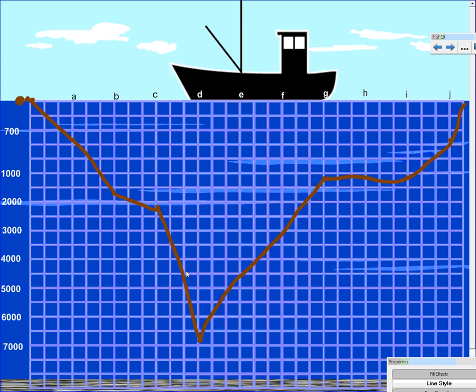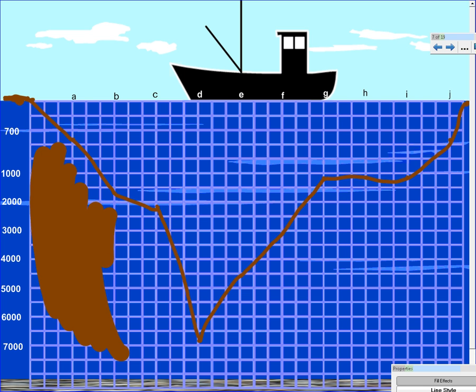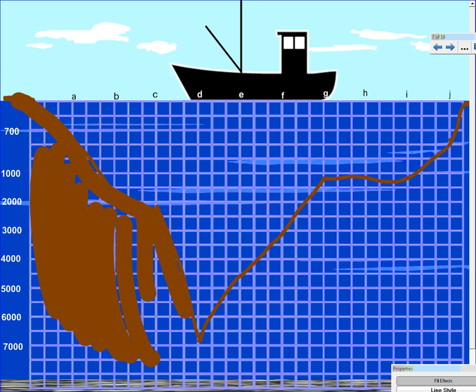Now, if you look up here really quickly, that line there is sea level, but this area here is considered land, which is the coast. And the boat travels from coast to coast. All of this here is your ocean floor.